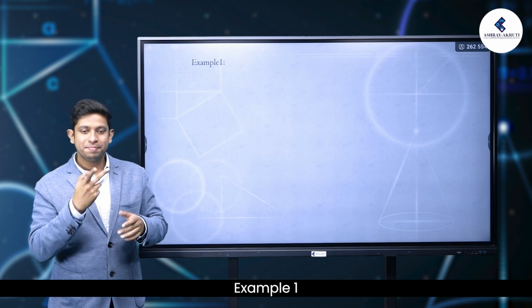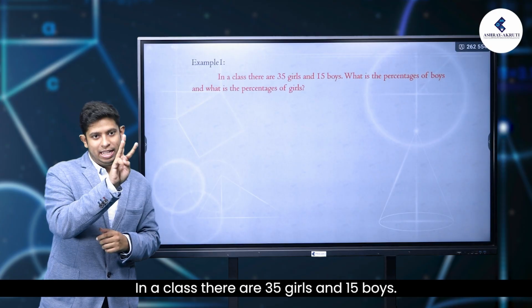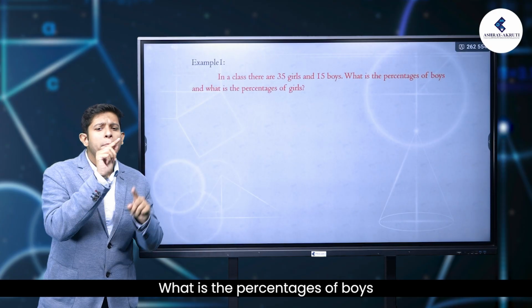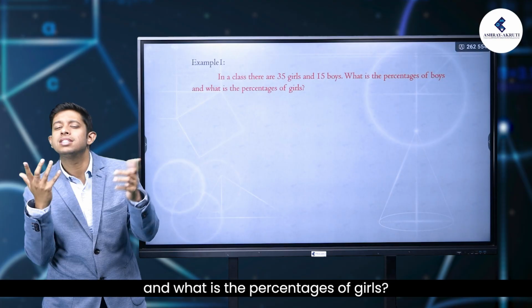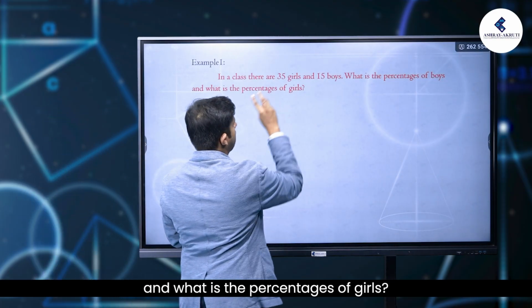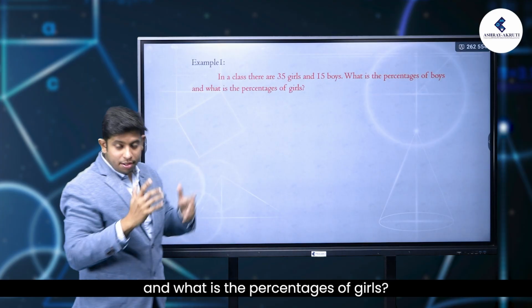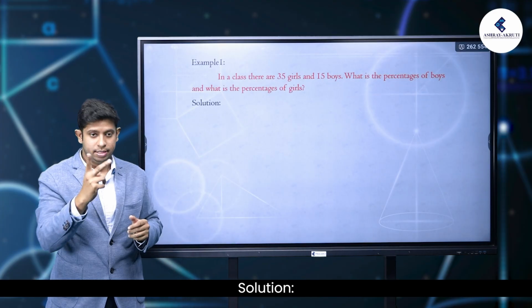Example 1. In a class, there are 35 girls and 15 boys. What is the percentage of boys and what is the percentage of girls? Solution.